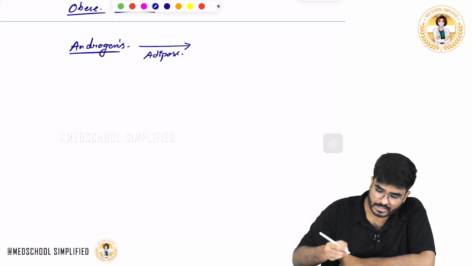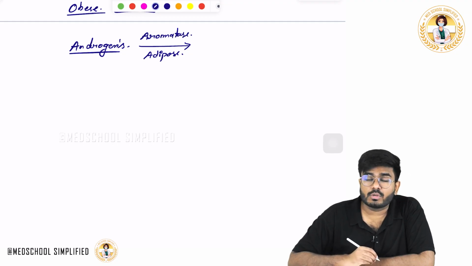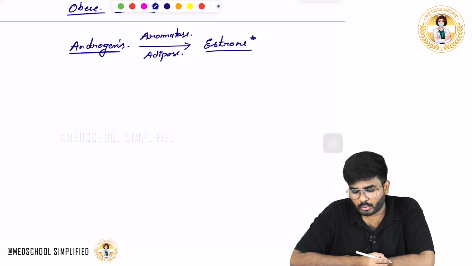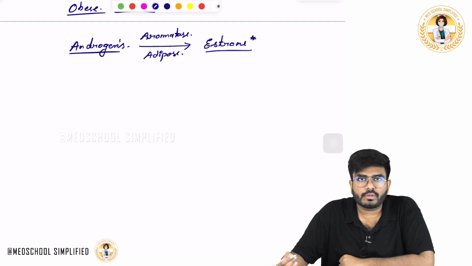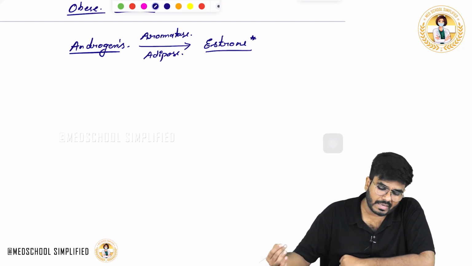The more adipose tissue there is, the more peripheral aromatization with the help of the same enzyme, aromatase. The androgens are going to be converted into estrone, a weaker form of estrogen. So androgens are undergoing peripheral aromatization in the adipose tissue into estrone. Estrone is also a type of estrogen, so she is going to have high levels of estrogens. So fat females can have a high amount of estrogens when compared to lean females.